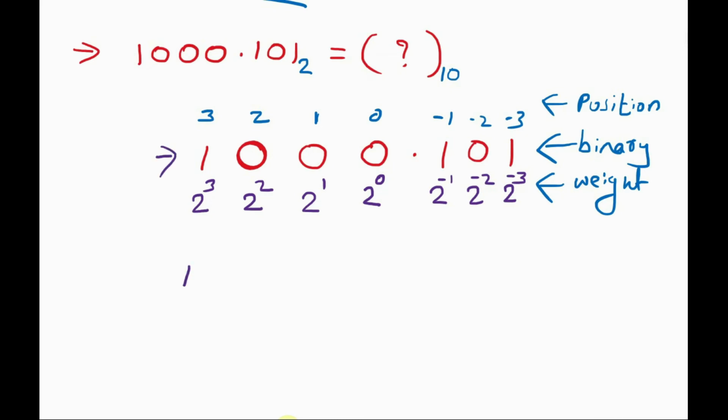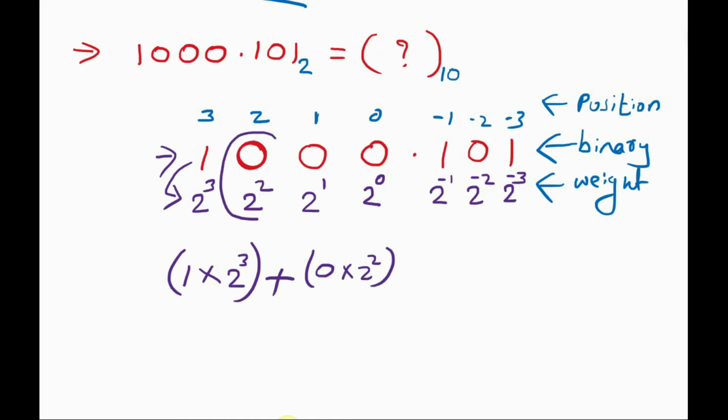First 1 is there: 1 multiplied by 2 raised to 3, plus, then we have zeros, which we don't need to multiply. Anyway, I will write 0 into 2 raised to 2, plus 0 into 2 raised to 1, plus 0 into 2 raised to 0.